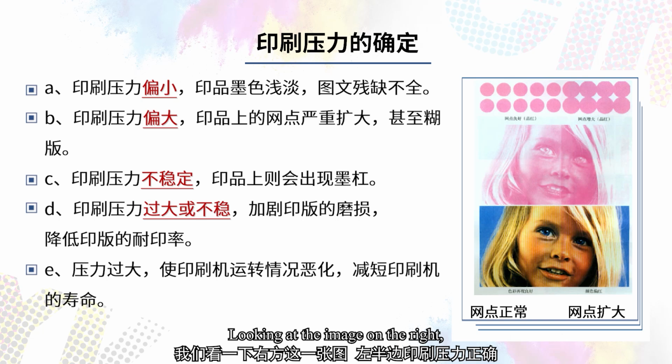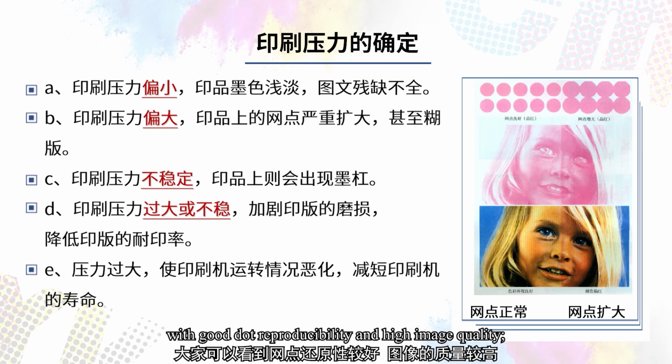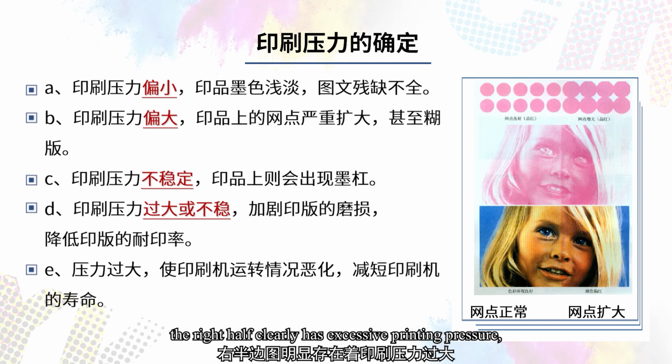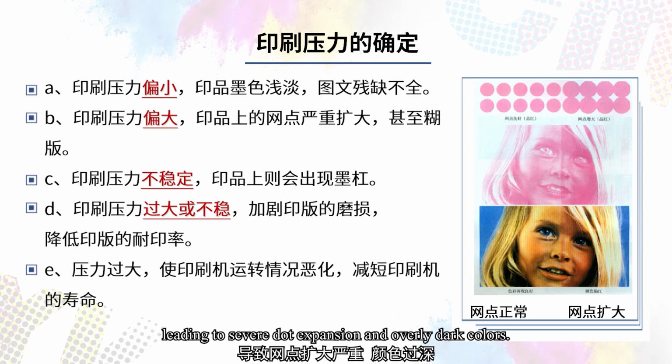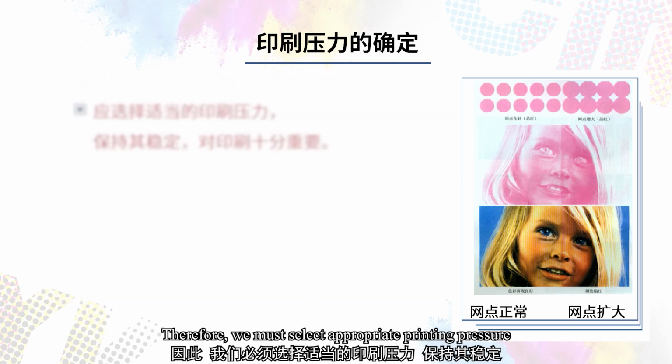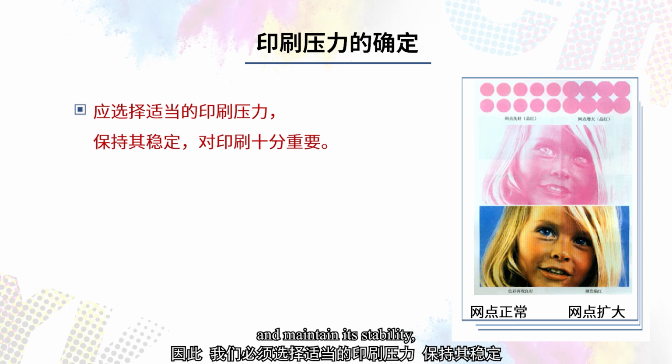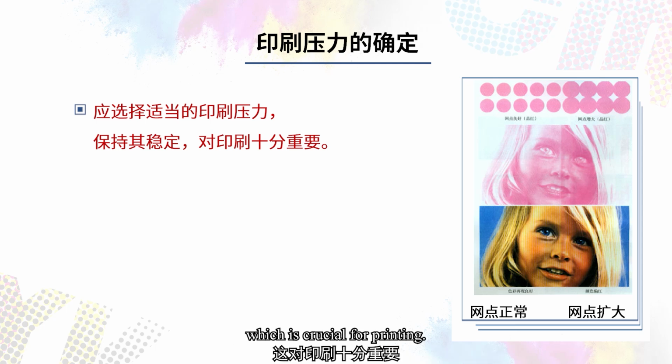Looking at the image on the right, the left half shows correct printing pressure, with good dot reproducibility and high image quality. The right half clearly has excessive printing pressure, leading to severe dot expansion and overly dark colors. Therefore, we must select appropriate printing pressure and maintain its stability, which is crucial for printing.